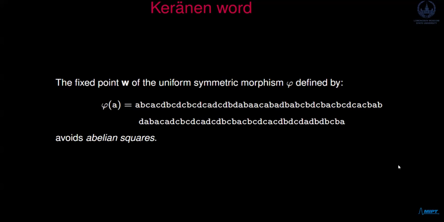This was a breakthrough, as it provided an explicit construction over a finite alphabet of size 4, answering Erdős's question about the minimal alphabet size for avoiding abelian squares. The symmetry and uniformity of the morphism make the Keränen word not only an important theoretical result, but also a beautiful example of structure and avoidance in combinatorics on words.